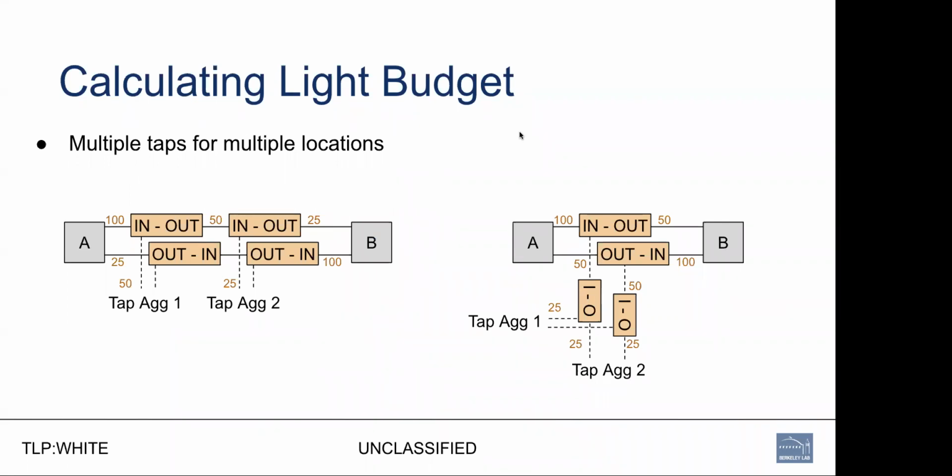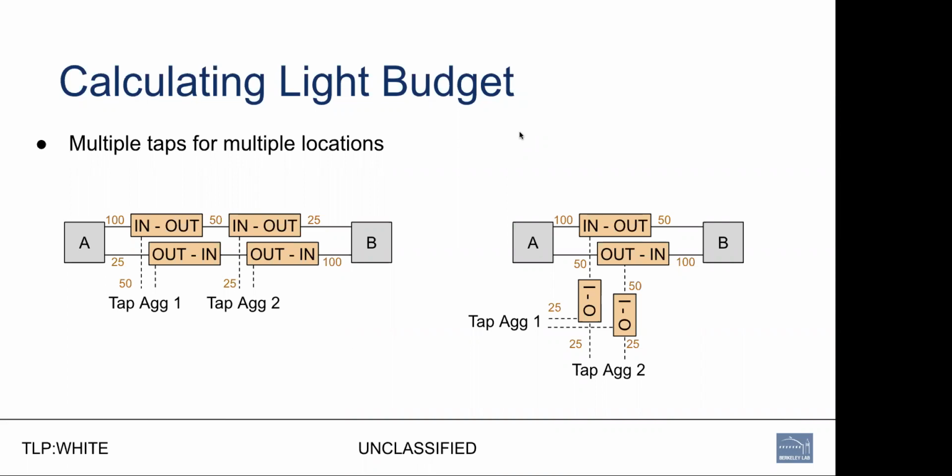And where this gets interesting as well is if you need to install multiple taps on a single link. So for example, we do this where we have redundant locations for our tap aggregation infrastructure. And we want to have them be completely redundant to each other so that if one goes offline due to a power outage, the other is still up. And so we want to have passive optical taps in line.